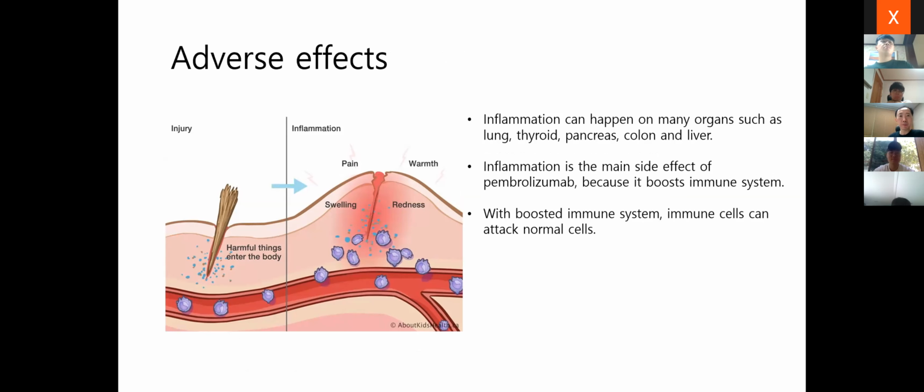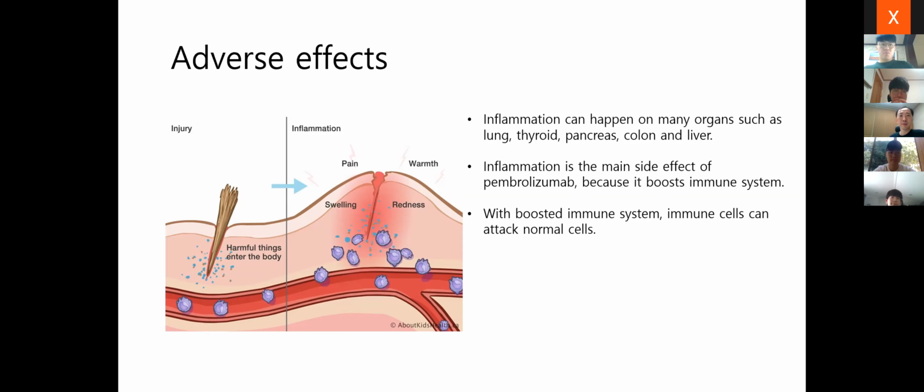On the surface of normal cells there are also PD-L1 or PD-L2, because of the cancer mimicking normal cells method. So if pembrolizumab binds to PD-1 on the T cell, then PD-L1 or PD-L2 of the normal cell can't bind to the T cell's PD-1.